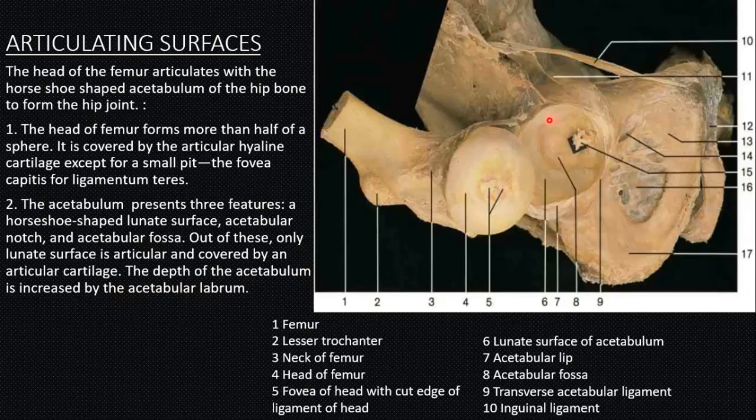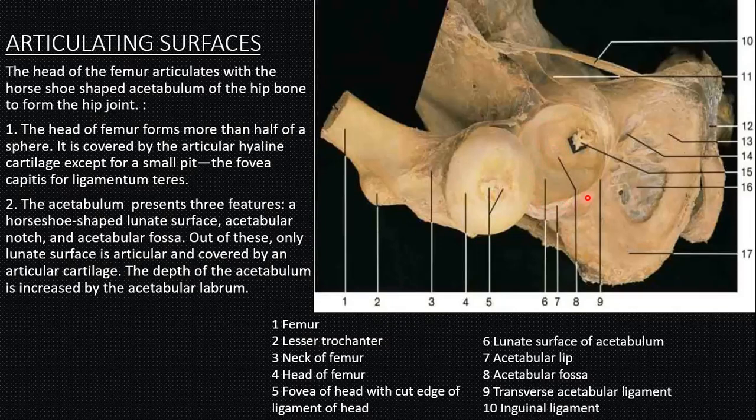Then you can see a horseshoe-shaped surface, the lunate surface. Here is the acetabular fossa, filled with the Haversian pad of fat in the living. Then you have the acetabular notch, and here we have the ligament which bridges the acetabular notch to convert it to a foramen.